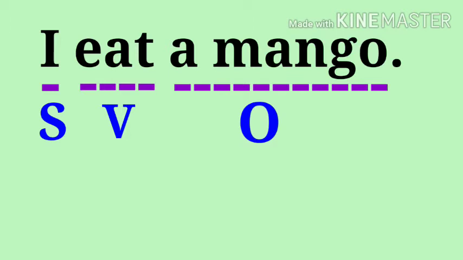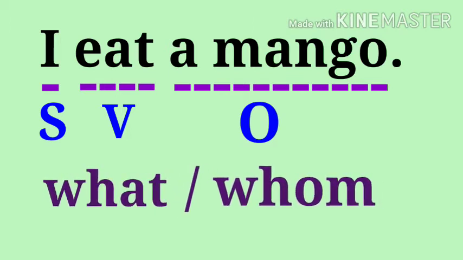Understand? So first of all, turning active voice into passive voice, it is necessary for us to identify the subject and verb from the sentence. And see, we identified it. What is the subject? I is the subject and eat is the verb. Okay, now we have to ask the question to the verb and the subject of the sentence with what or whom.